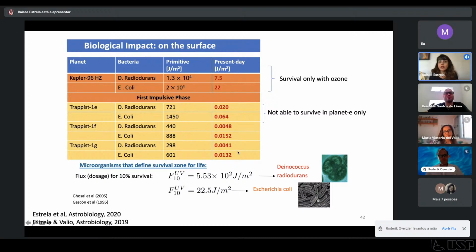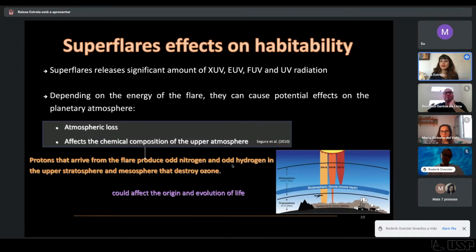For the second question about the UV environment in the young Sun, I know that in the young Sun we had what we call the faint young Sun paradox, because believe it or not, the Sun had a low UV flux environment for a certain time period. And our planet, as I told you, has this ozone layer nowadays because the ozone layer was built by the presence of life. So the ozone layer is made of oxygen, right?